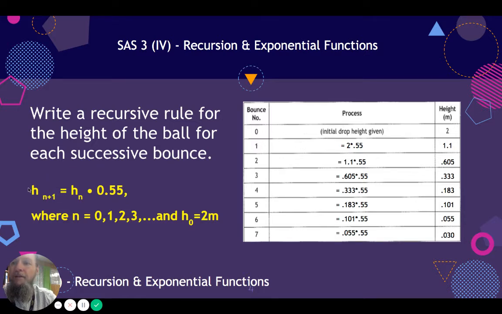If h subscript n plus 1 is 1, h subscript n is 2, because it's bounce 0, times 0.55, and 2 times 0.55 is 1.1. So we describe it this way, where n equals 0, 1, 2, 3, and so on, and h subscript 0 is given as 2 meters.